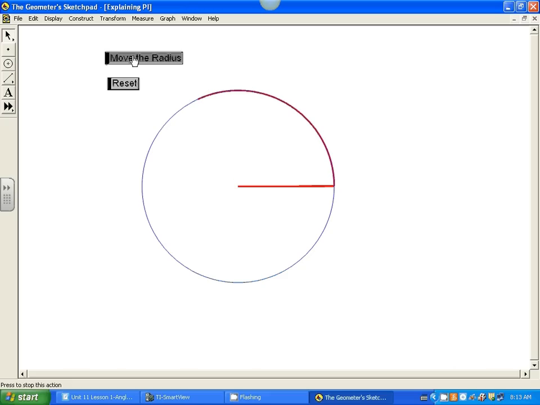This is the second radian measure, the radius length on the arc of the circle. This is my third radian measure, this is my fourth, here is my fifth, and here is my sixth radian measure.